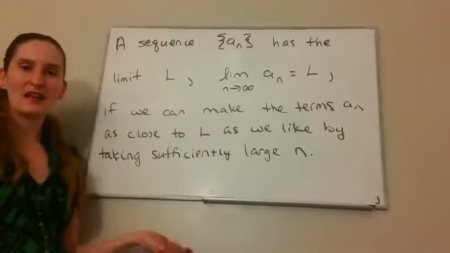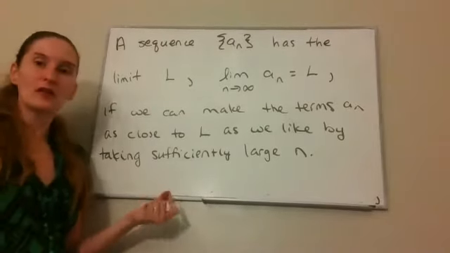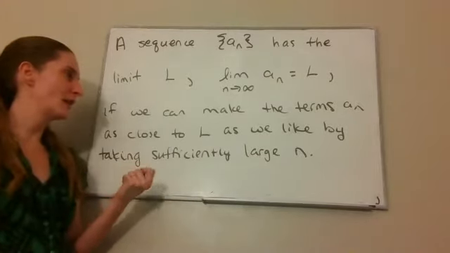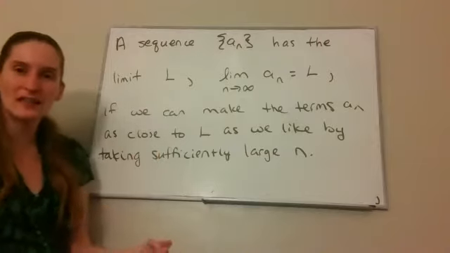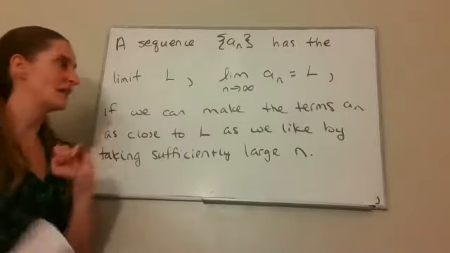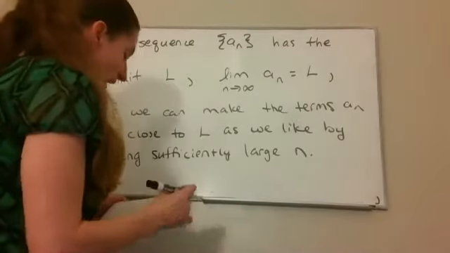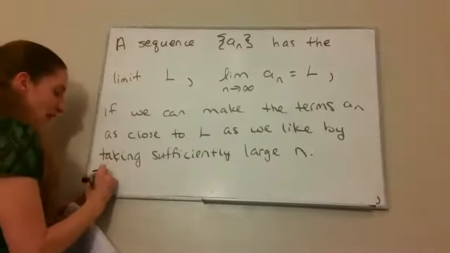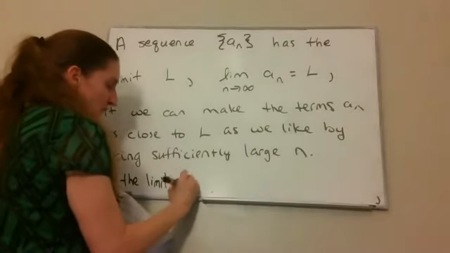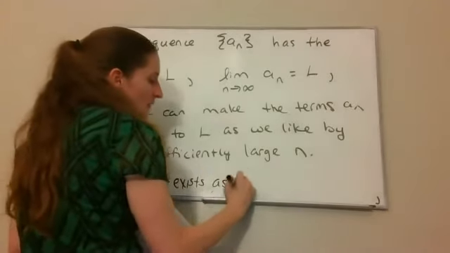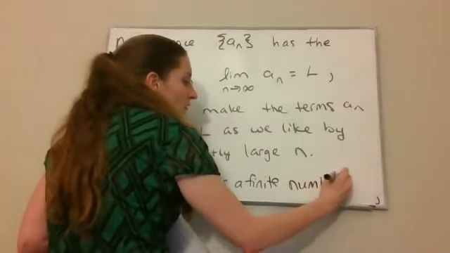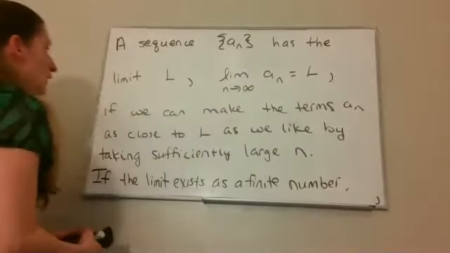So what we're saying here is the values in our sequence are going to get closer and closer and closer to a particular number. And as long as we can make those terms get as close as we want to that particular number, when I go far enough out of my sequence, we say that the limit is equal to that number L. If the limit exists as a finite number, we say that the sequence converges.